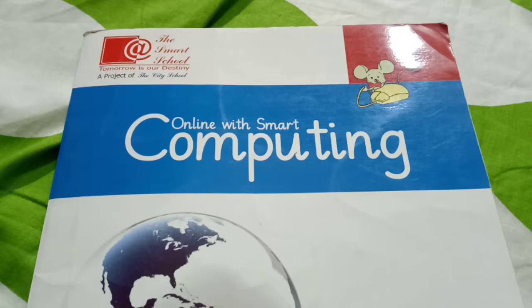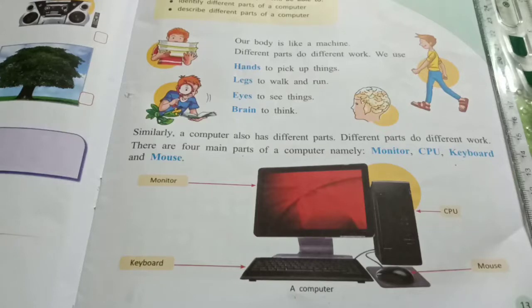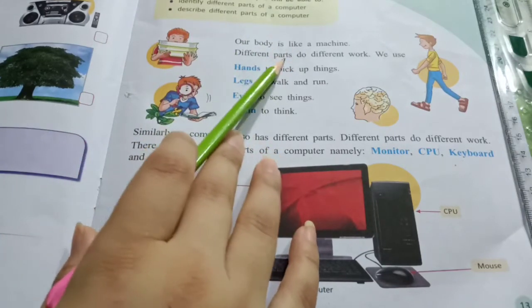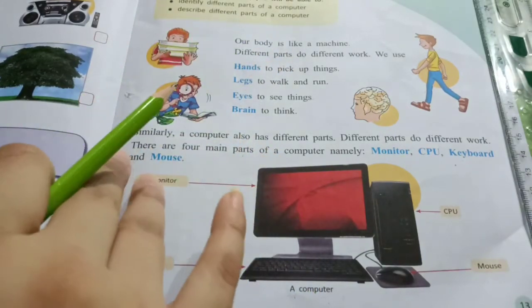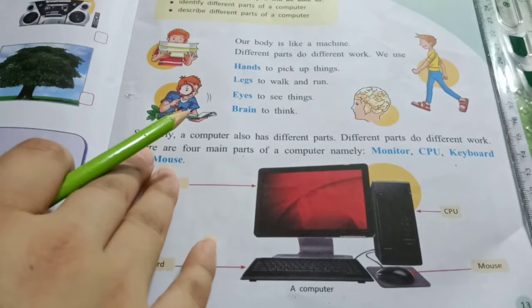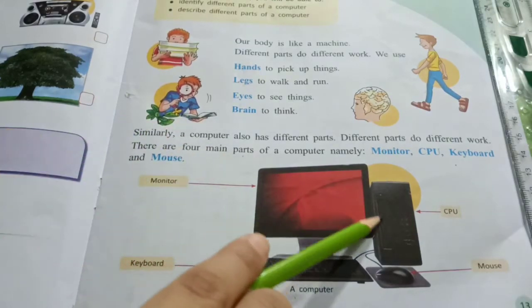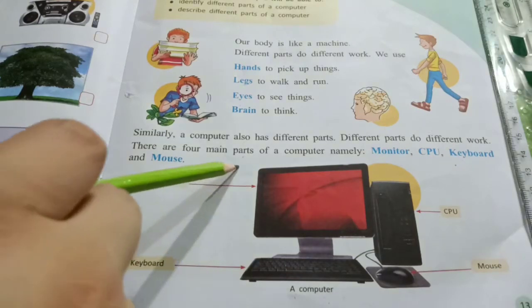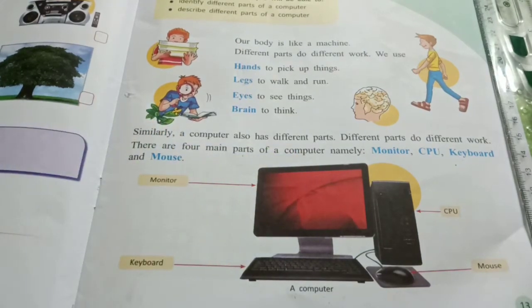Okay, now open your computer book. Open page number 13. As we read that page in our last video, can you tell me what this is? Alright, this is a computer, right?